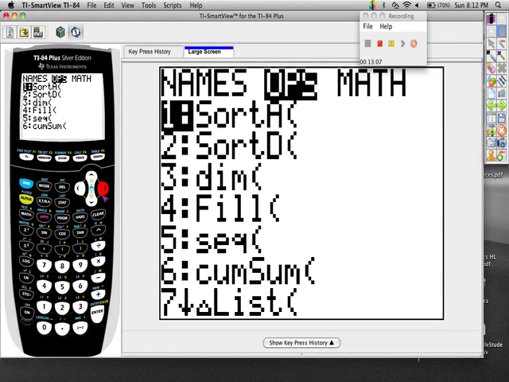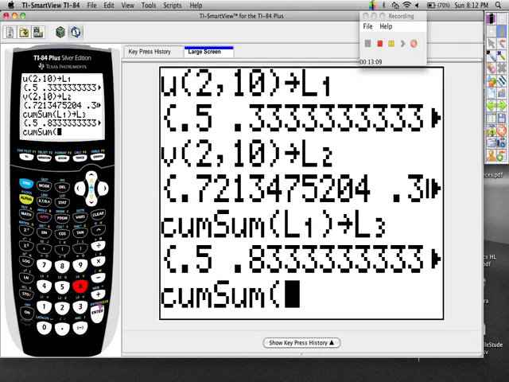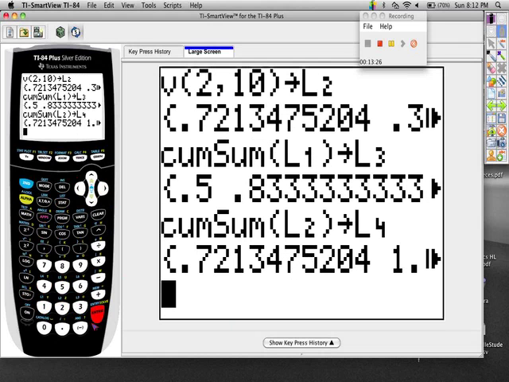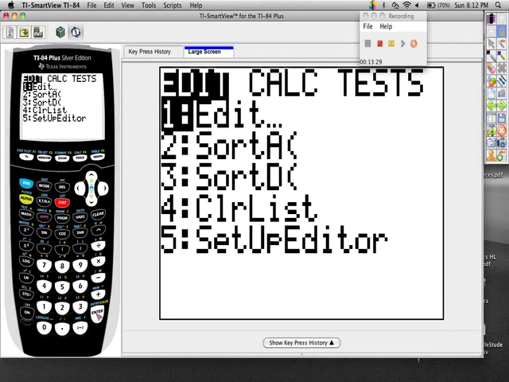So I'm going to be comparing the partial sums for the harmonic series and for the one that I'm looking at in this problem. So now into my list editor.